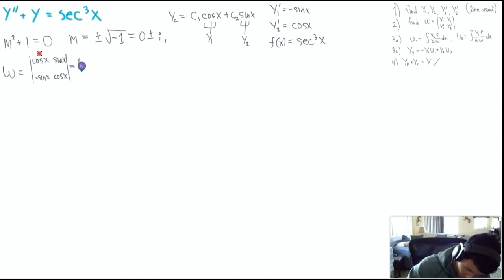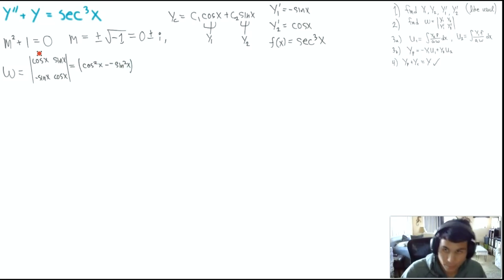So this is equal to cosine squared x minus sine squared x. So what you do is you multiply these two together, then you multiply these two together, and then you subtract them. And this is negative negative, so it's equal to 1, using your trig identity. That's very nice. This makes our life a lot easier.